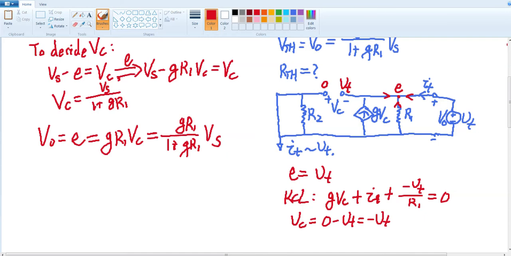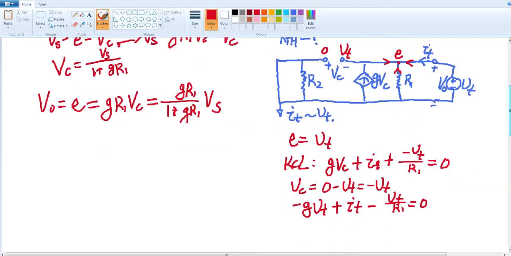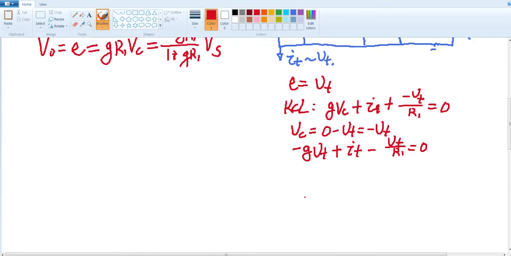So by replacing the expression of VC into this KCL equation, what we will get is minus G VT plus IT minus VT over R1 is equal to 0. So this will further give us the relationship between VT and IT.